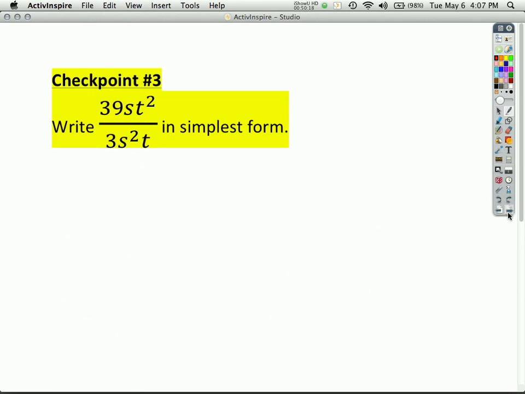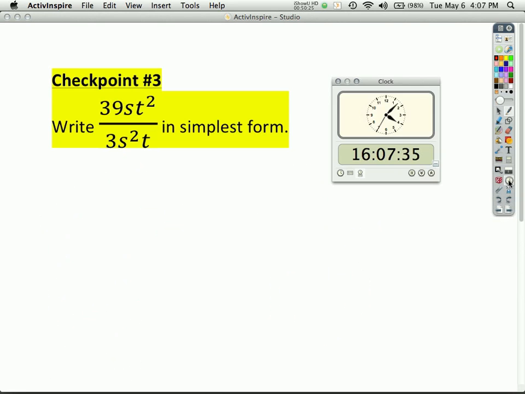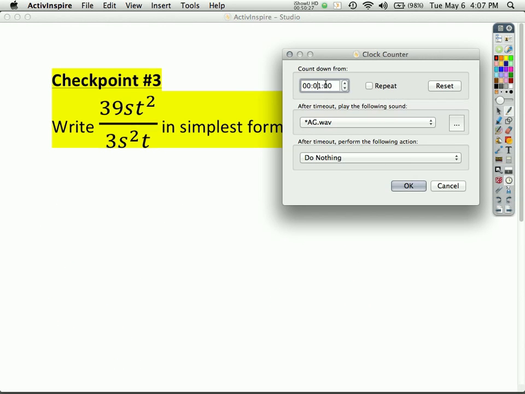Okay, checkpoint number 3. So you got 2 minutes.